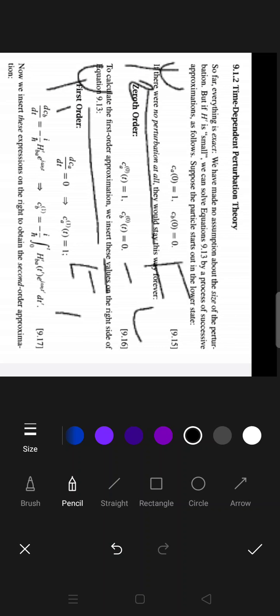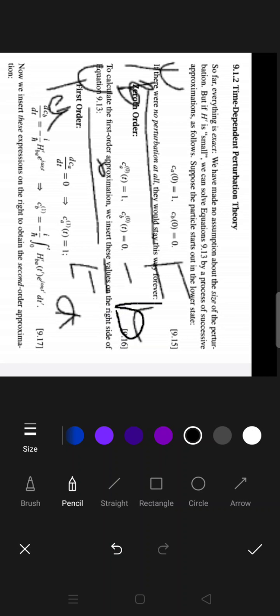We assume that the particle is in the state psi 1, meaning energy level E1. Then the coefficient without perturbation will be Ea of 0. This is psi A, this is psi B, this is Ea and Eb.